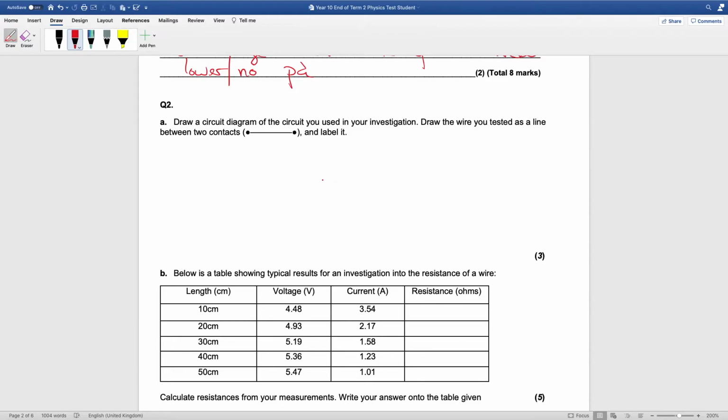So you draw your battery, an ammeter in series with the battery, a voltmeter in parallel with the wire, and make it a complete circuit.